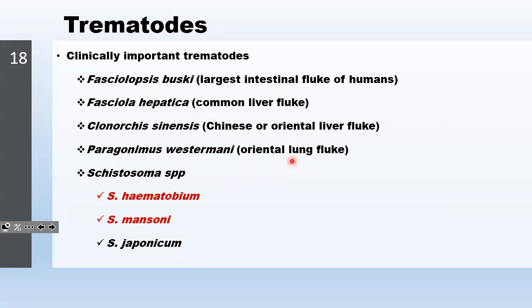So from this, you can see that the samples that can be sent to the lab to aid the diagnosis of parasitic infection can be quite varied. For example, with Fasciola hepatica, what sample do you think you're going to send?